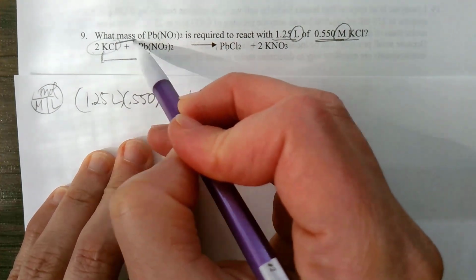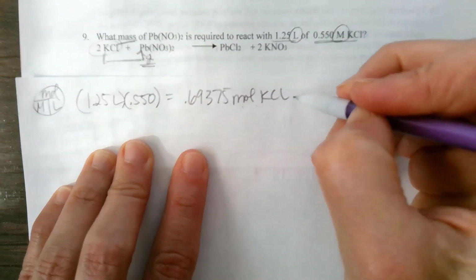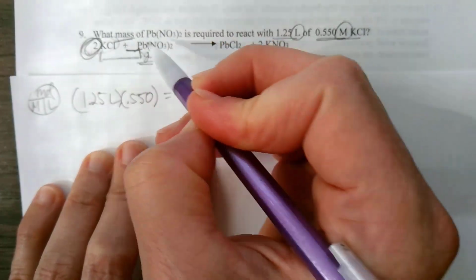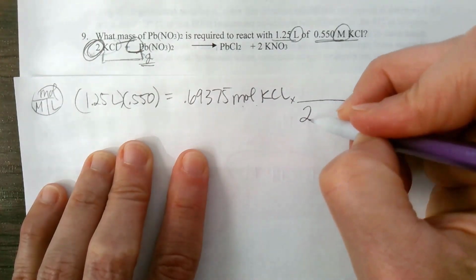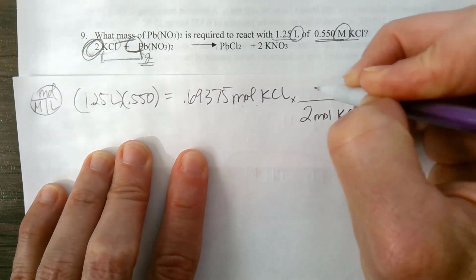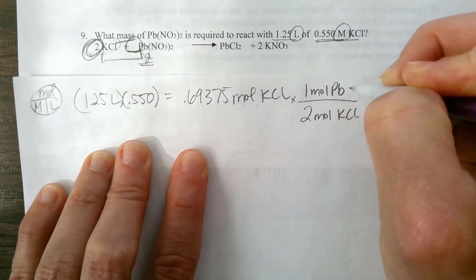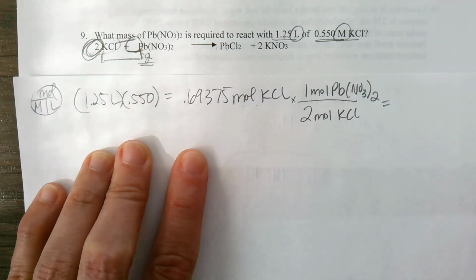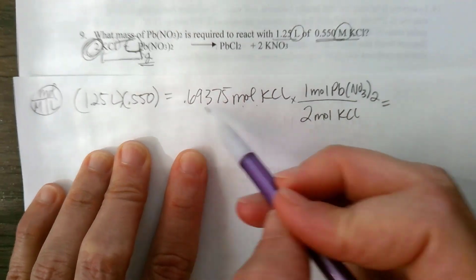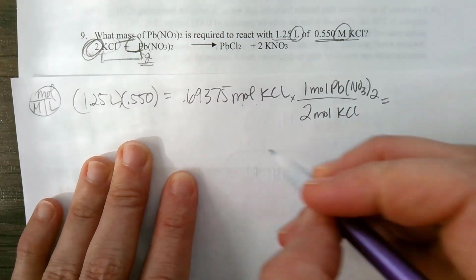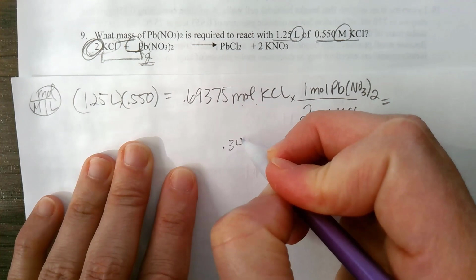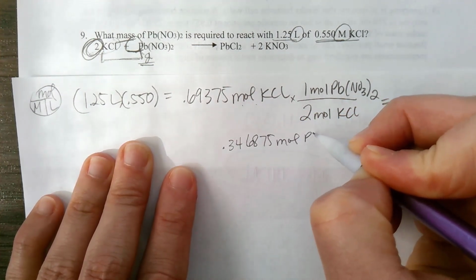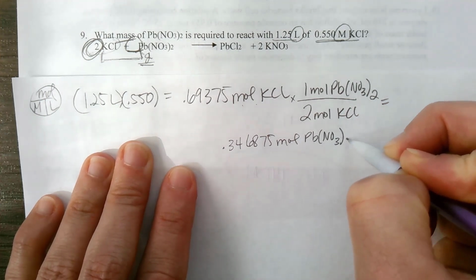We want to get to mass of something else. So let's do our mole to mole ratio. There's 2 moles of KCl for every 1 mole of lead nitrate. All right, take that answer and divide it by 2, and we would get 0.346875 moles of Pb(NO3)2.